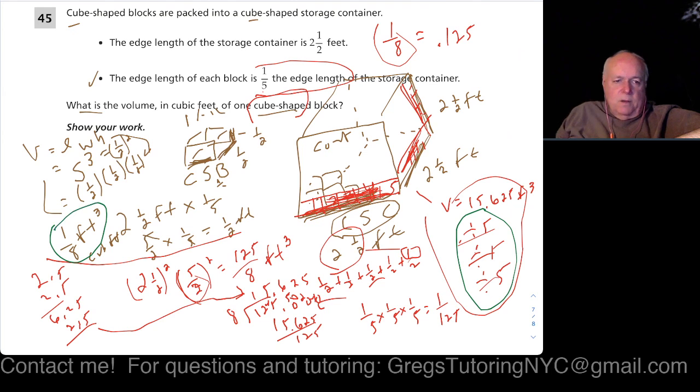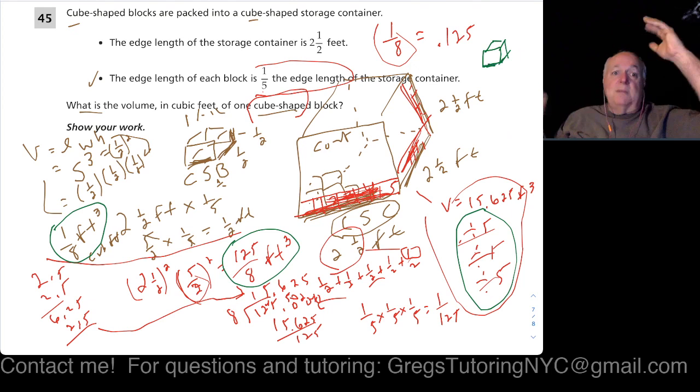It was knowing that we had to apply on the cube the length, the width, and the height. There are 3 dimensions. So when we do this fifth thing, we can't just apply the fifth one time. We have to apply it 3 times. That was the crucial thing here.